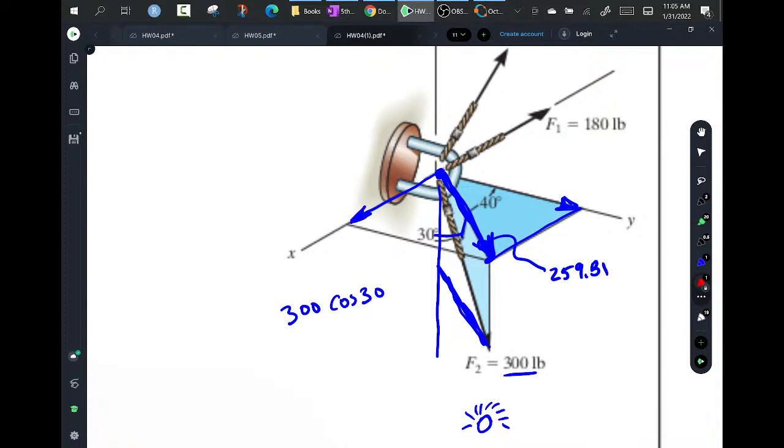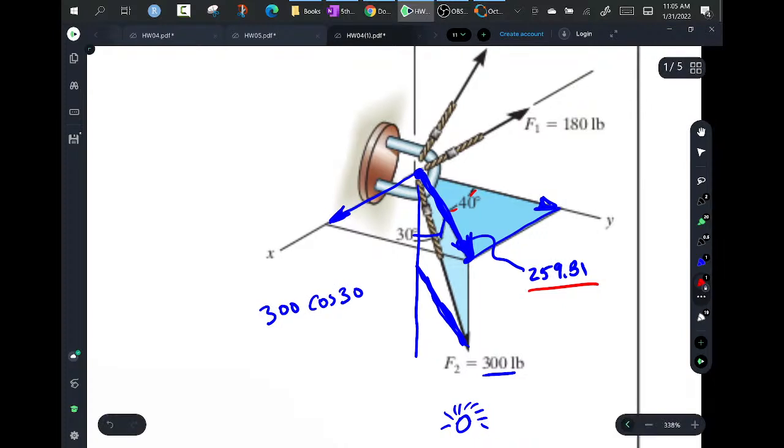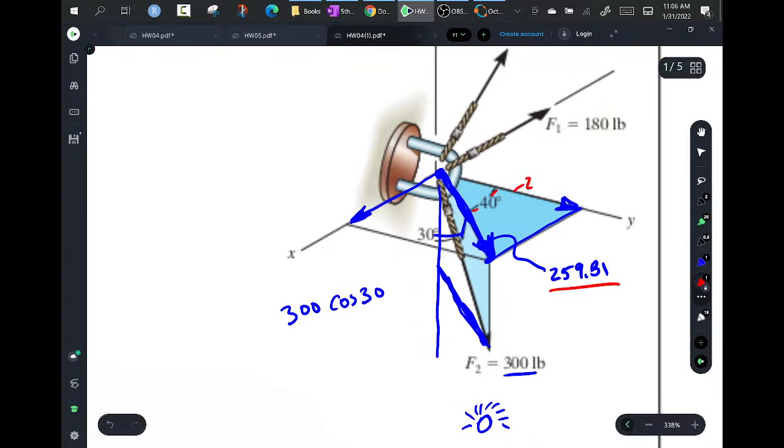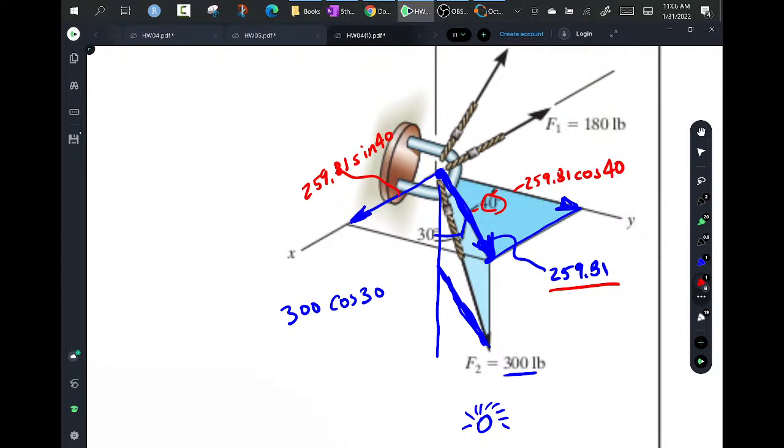So if that's 259 and this appears to be 40 degrees, then this appears to be 259.81 cosine of 40, and I wrote 30 for some reason. And that means this one is sine of 40, and that's the angle in that plane. The 30 brought us up to that plane.